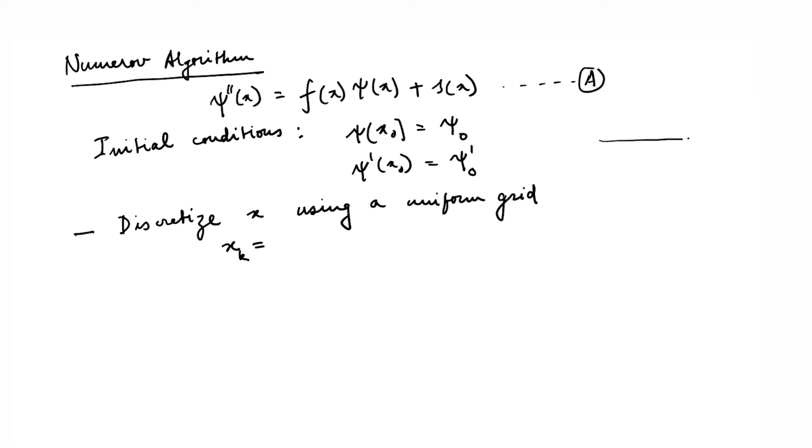Suppose this is my integration range, say from a to b. I divide it into a certain number of grid points. So, this is 0, this is 1, 2, 3, 4, this is k, and then it goes on and on. Now x at k is given by k delta x, where delta x is the width of this particular grid.